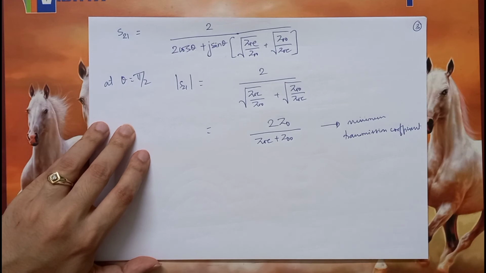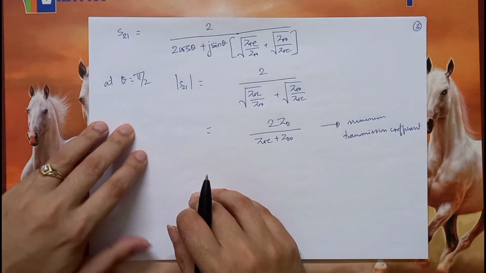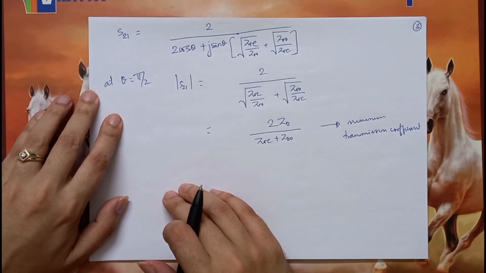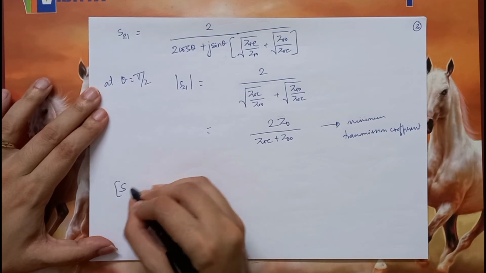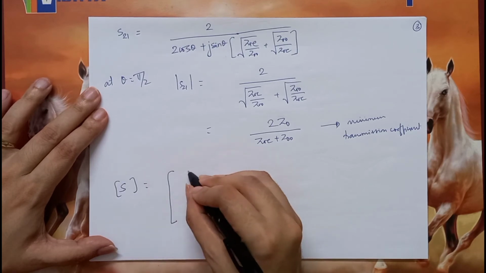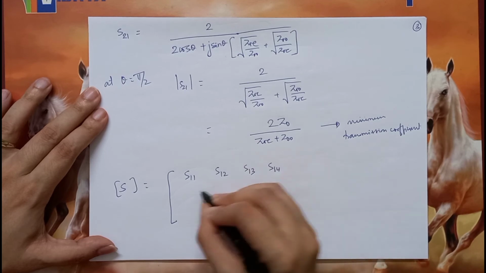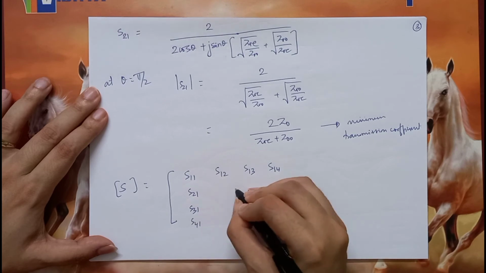When S31 increases, S21 decreases. Why? Because S11 and S41 are 0. This comes as a consequence of the unitary property which we had discussed. So suppose the S parameter matrix of this coupler looks something like this: S11, S12, S13, S14, and likewise.